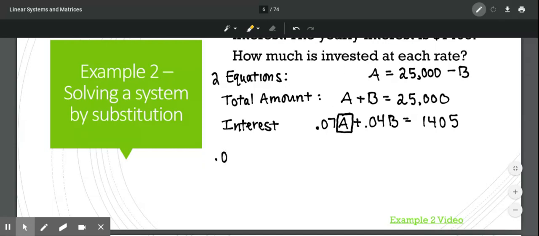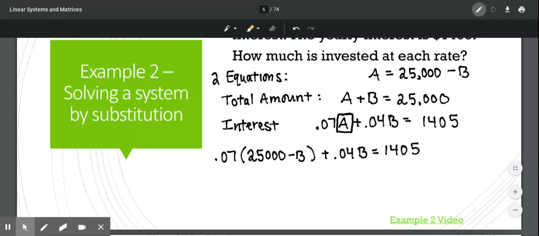So we'll have 0.07, but instead of A, we're going to substitute 25,000 minus B, plus 0.04B equals 1405.